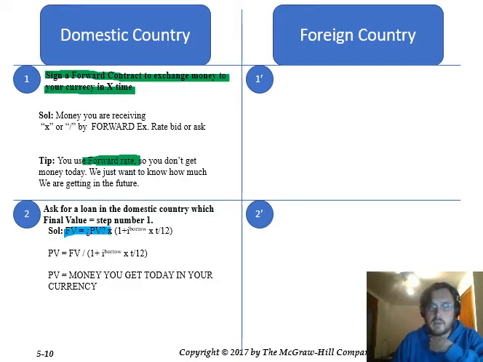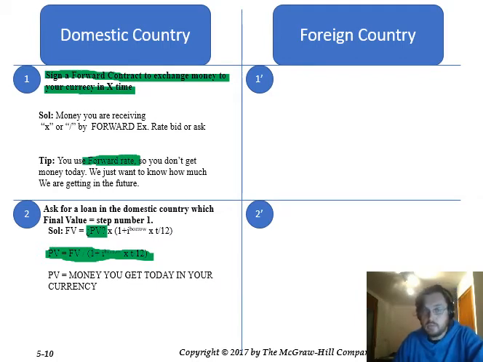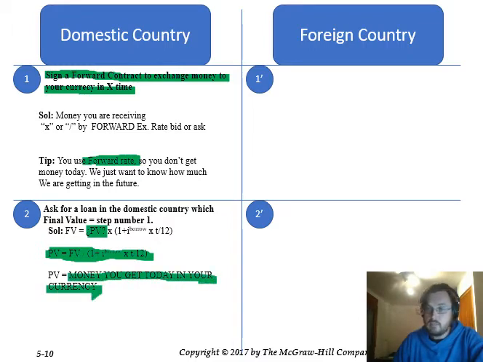I mean, the expression that we always use, but this time we have to solve for the present value. That's the one number that we don't know. We normally know it, but this time we don't. We know the final value, we don't know the present value. So we can change the expression to look like this: final value over 1 plus the interest rate to borrow times t over 12. And that present value is going to be the money that you get today in your currency.